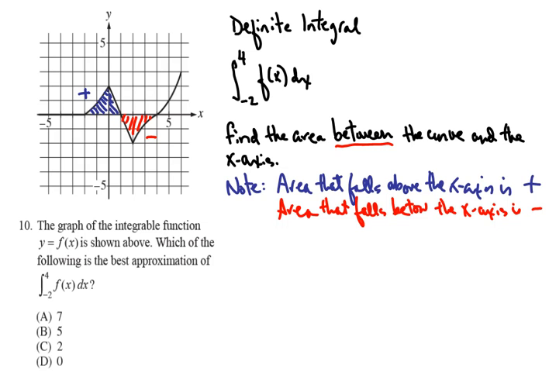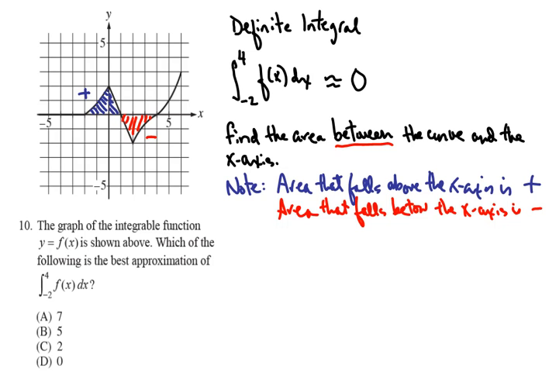When we add the two together, we're going to come up with 0 basically. So the answer is going to be roughly 0 because the two areas cancel each other out.